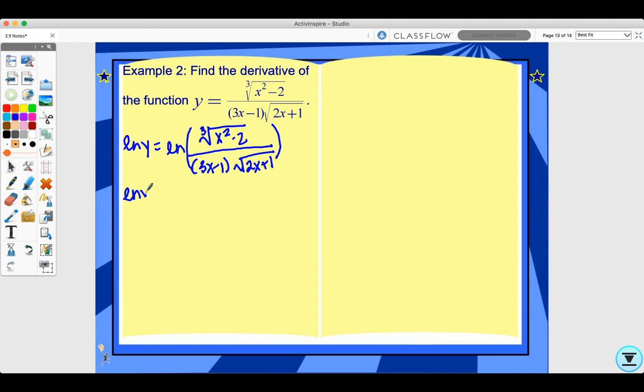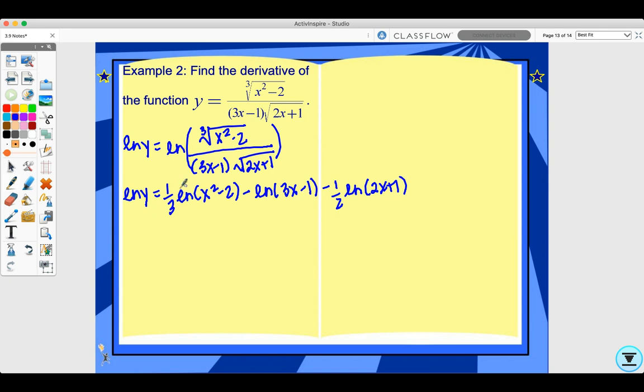So I'll still have the natural log of y equals, this is the cube root, which is the same as the 1/3 power, so it'd be 1/3 natural log of x squared minus 2 minus, this one here would be natural log of 3x minus 1 minus, this has a 1/2 power on the square root of 2x plus 1, so it'd be minus 1/2 natural log of 2x plus 1.